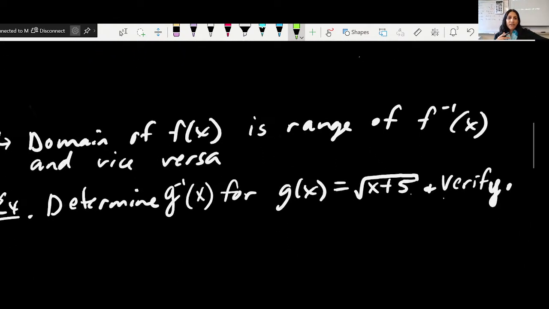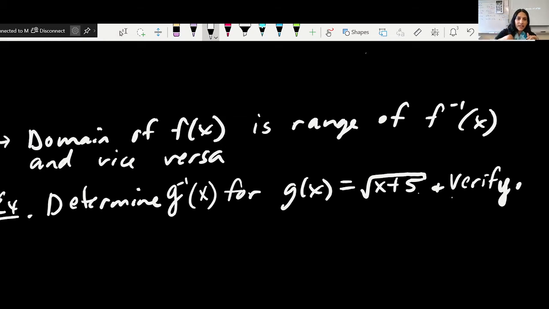The domain of f of x is the range of the inverse of f of x, and vice versa. Does that make sense when you think about it? If we had our original f of x and we looked at the x values, or the domain, that becomes the range of the inverse because of what we do.